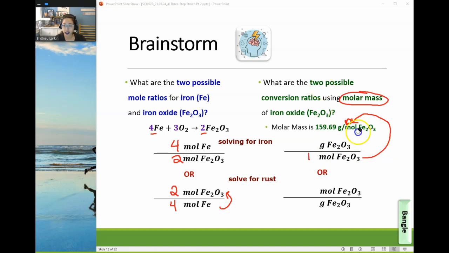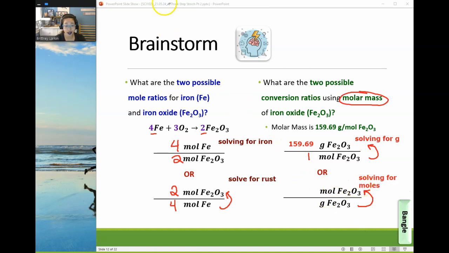Okay, so again, we are specifically solving for grams on top, right? So solving for grams from moles, so we're going from moles to grams. But if I want to instead go from grams to moles on the bottom, then in this case, I would need to put moles on the top.